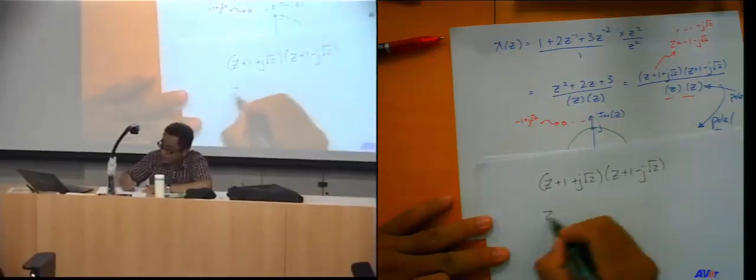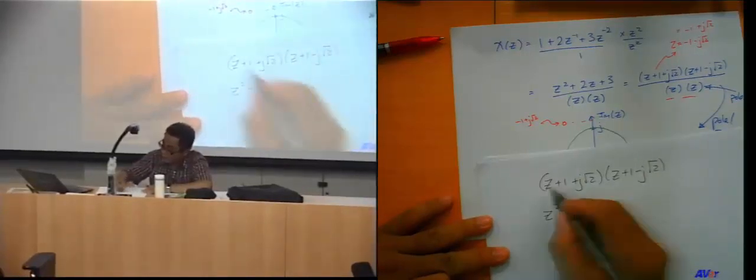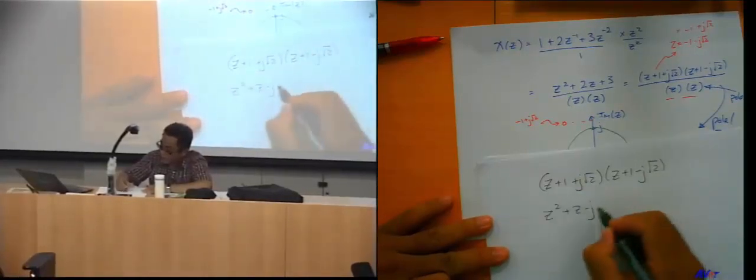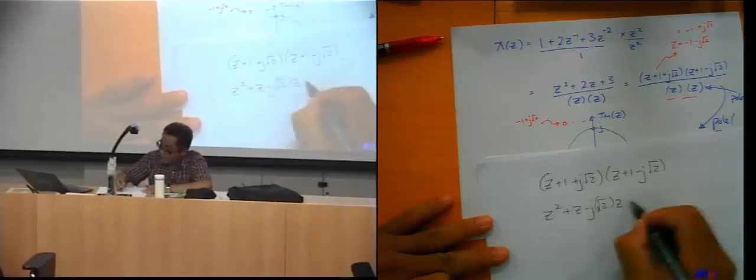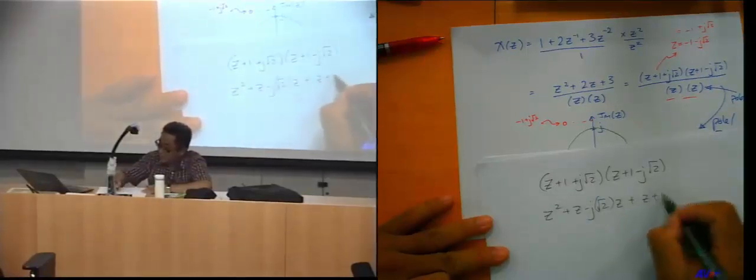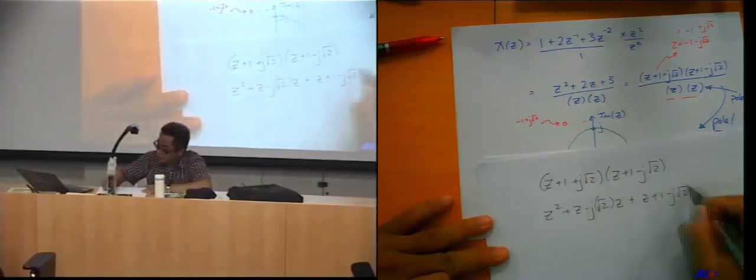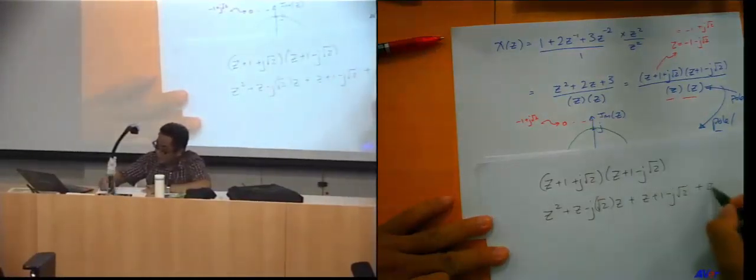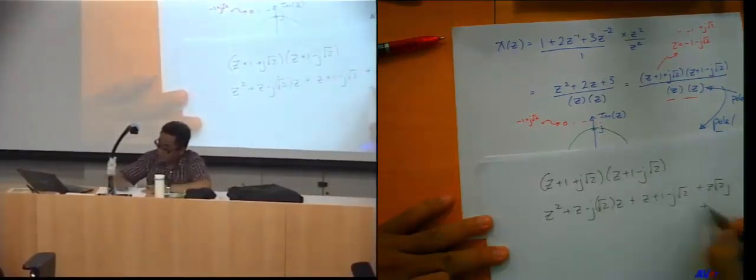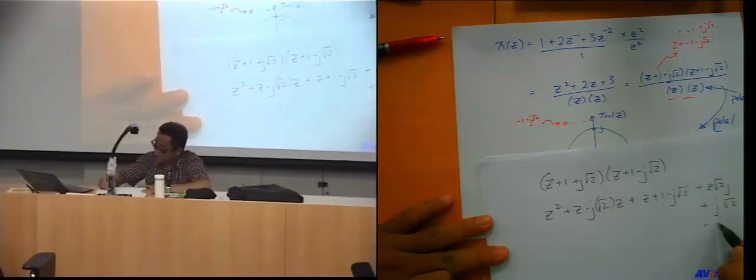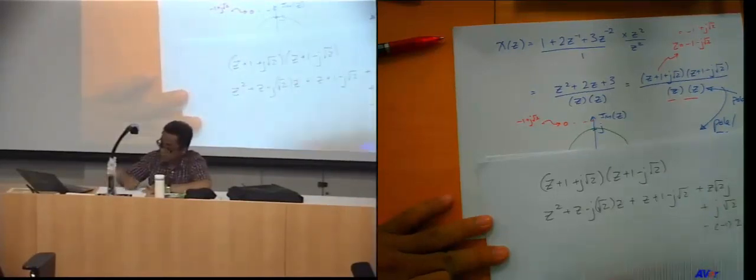We open up: z square plus z minus j root 2, z plus 1 minus j root 2, plus z root 2, plus j root 2 minus j square 2. And you keep on working, what do you get?